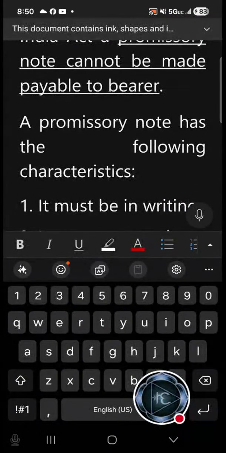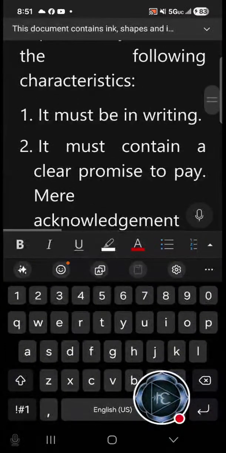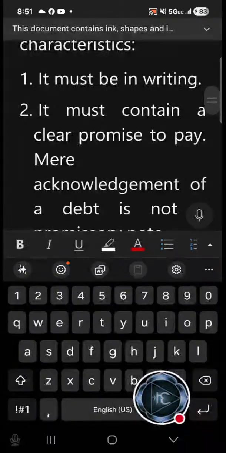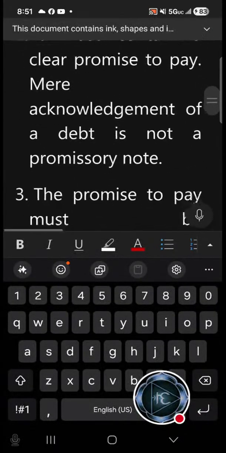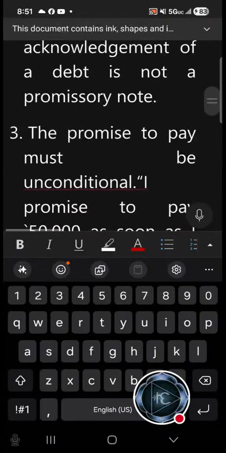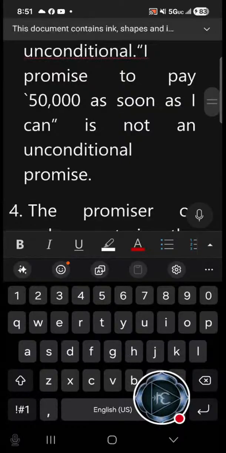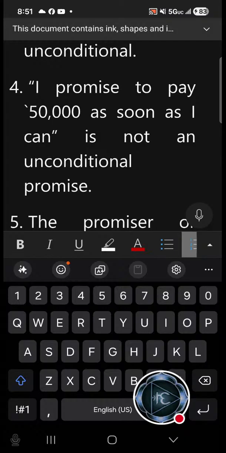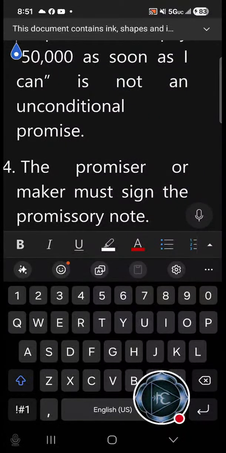A promissory note has the following characteristics. It must be in writing. It must contain a clear promise to pay. Mere acknowledgement of a debt is not a promissory note. The promise to pay must be unconditional. For example, "I promise to pay $50,000 as soon as I can" is not an unconditional promise.